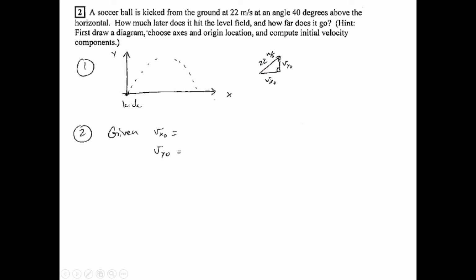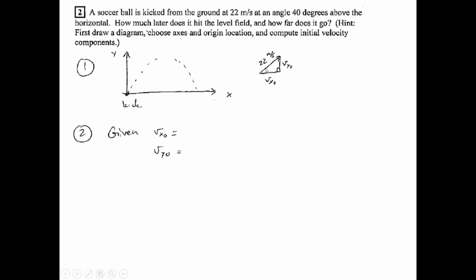So we can use our knowledge of trigonometry or properties of right triangles to say that, well, how do I get from 22 meters per second to the vx0 side? I'm going to pivot through the angle that's given there, the 40-degree angle. And I like pivoting through the angle. I like cosine better than sine, so I'm going to multiply that 22 times the cosine of 40 degrees to get this horizontal one.